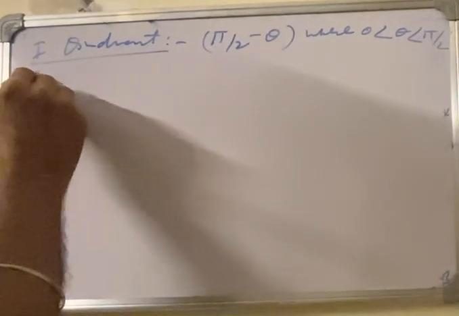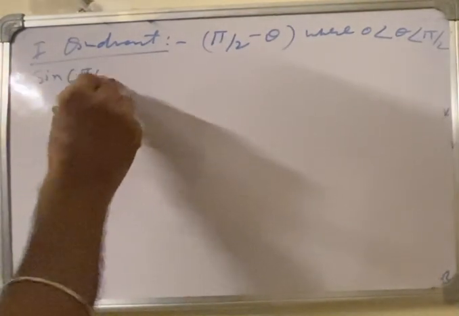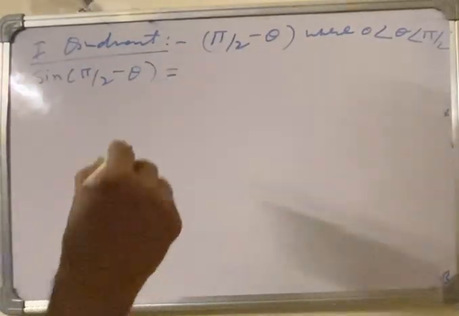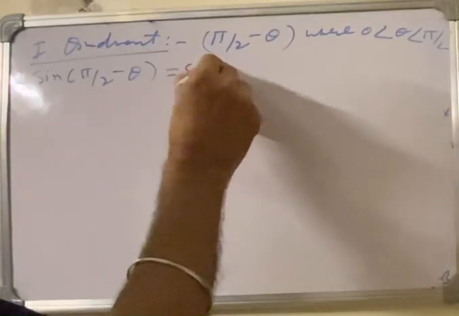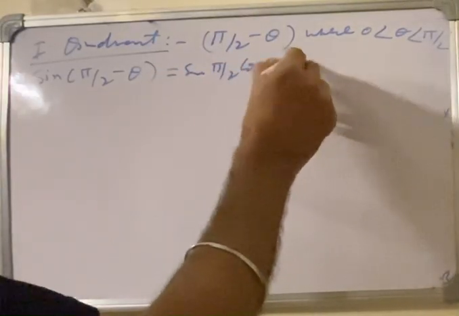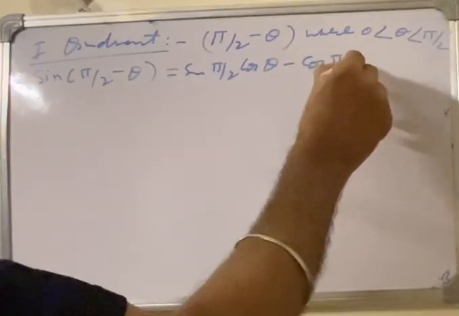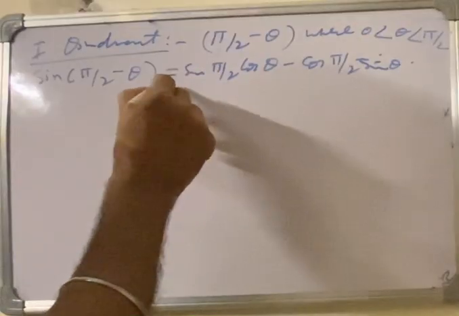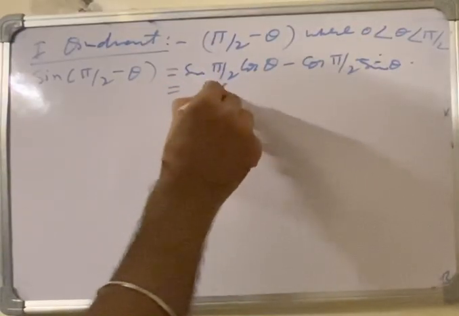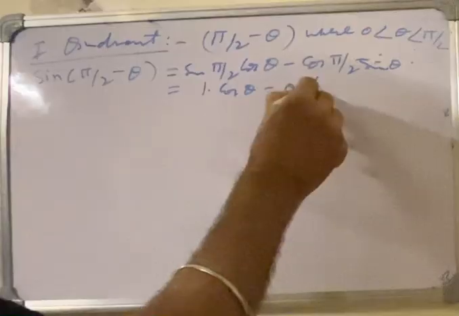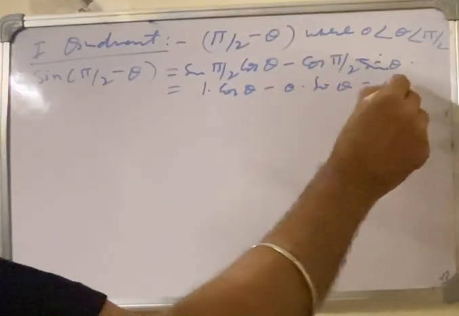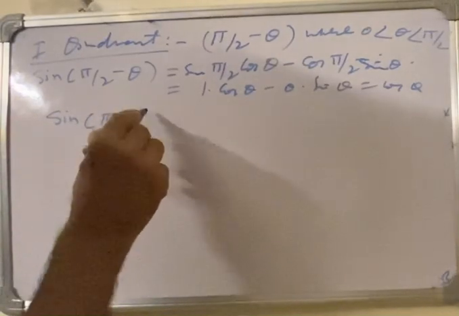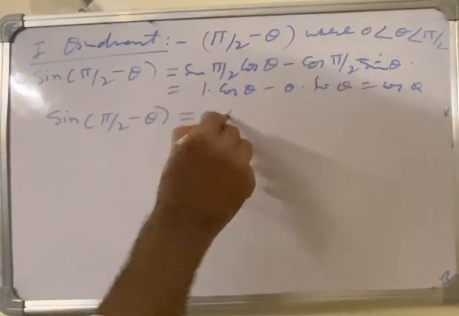Now, sin of pi by 2 minus theta is equal to sin pi by 2 cos theta minus cos pi by 2 sin theta. You know sin pi by 2 is 1 into cos theta minus 0 into sin theta, which is cos theta. Therefore, sin of pi by 2 minus theta is cos theta.